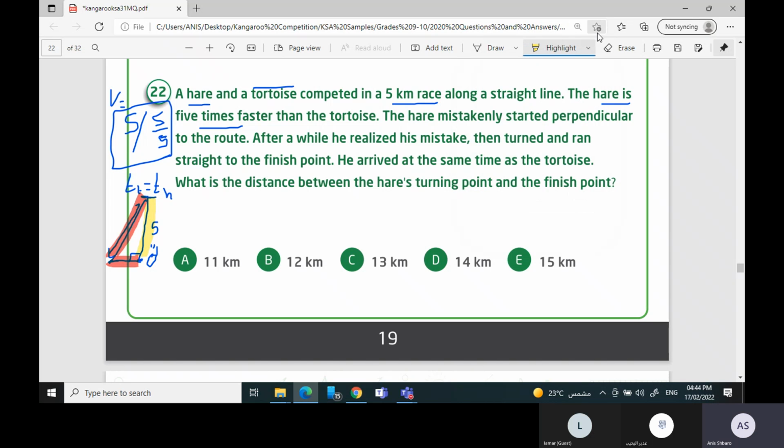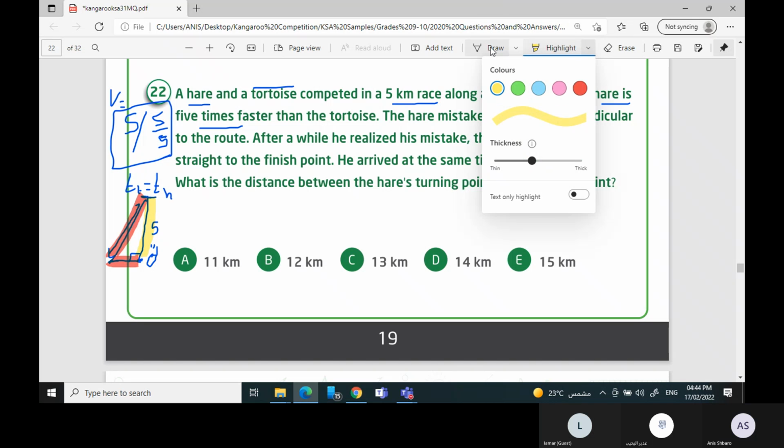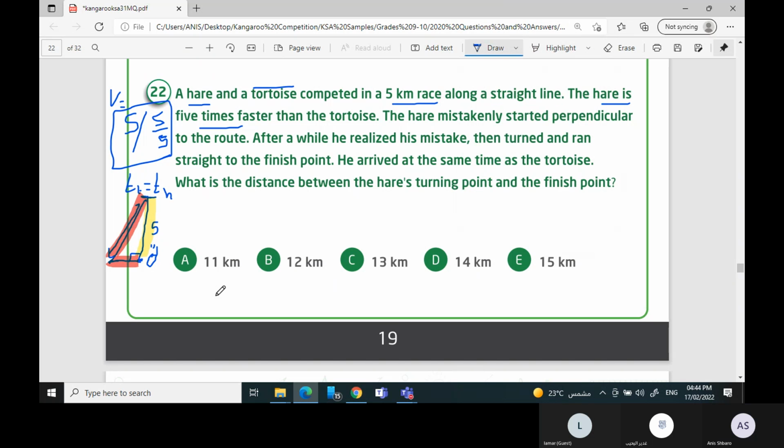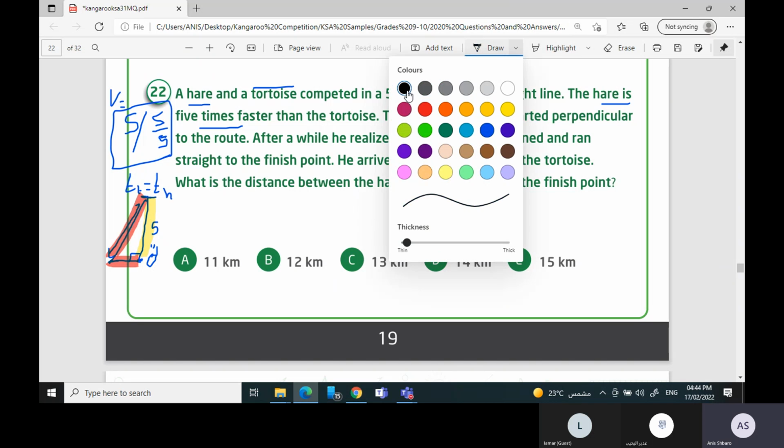Okay, so this is the way where the tortoise moved, and this is the way where the hare moved. And I'll use color to explain it more.